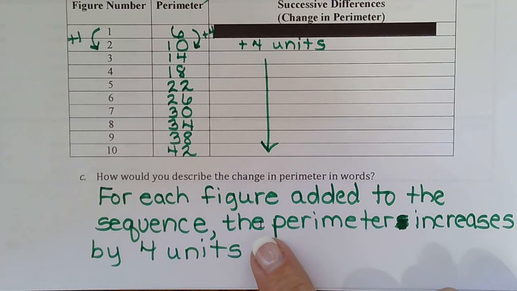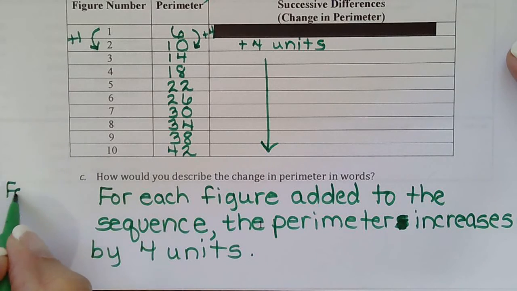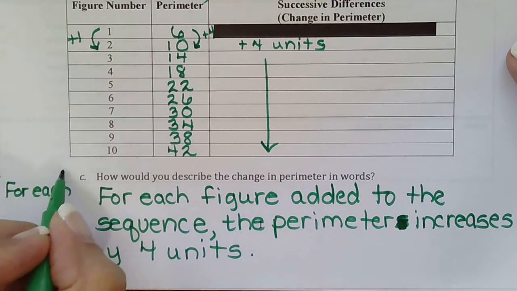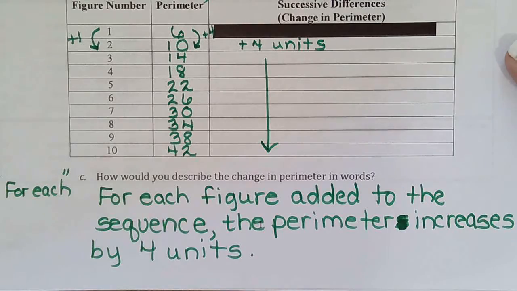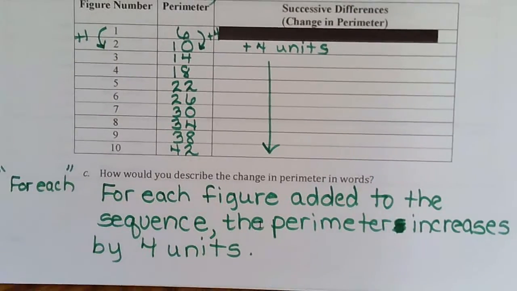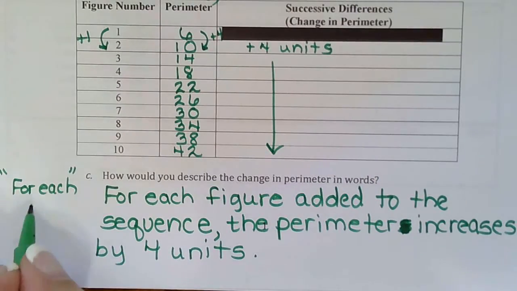So you could say the perimeter increases by 4 units per each figure added to the sequence. But I just thought this sounded better. So for each is another word like per. You can write that here on the side, because remember how I said whenever we're talking about rate of change, we always have to use the word per. For each is a per word.